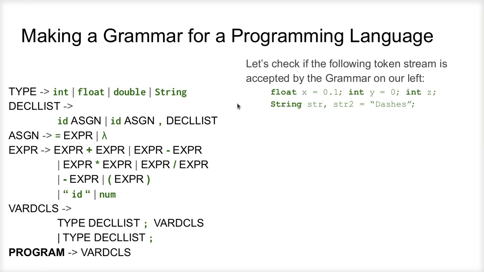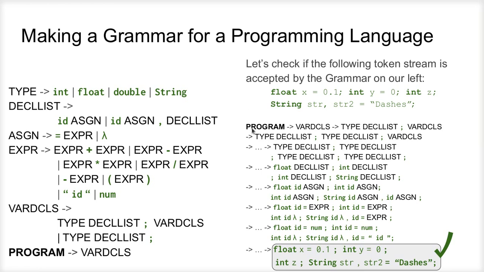So let's check if the following token stream is accepted by the grammar on the left. So it's the program we had previously, and let's try to derive the grammar from its root to this program. So there is a series of derivations here, and after many derivations we see that we in fact can derive, from the root of the grammar, the token string.